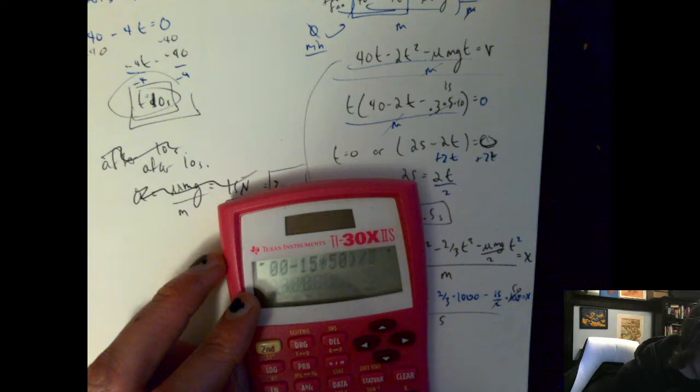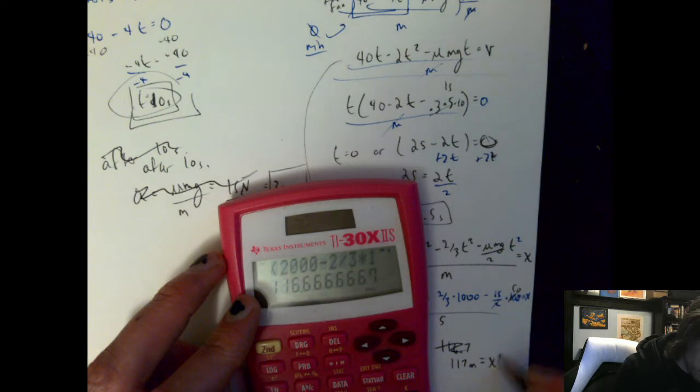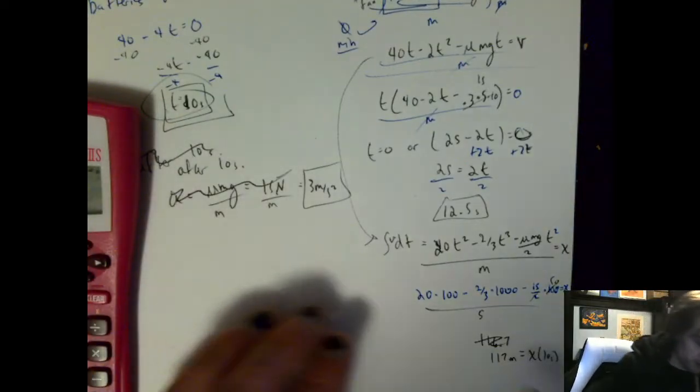All of that's getting divided by 5. All right, so it goes 116.7, and I'm just going to call that 117 meters in that 10 seconds. That's not our answer, but we're getting pretty close.